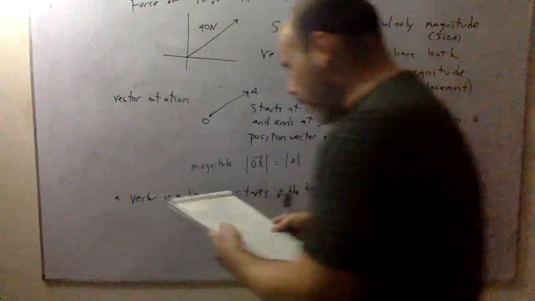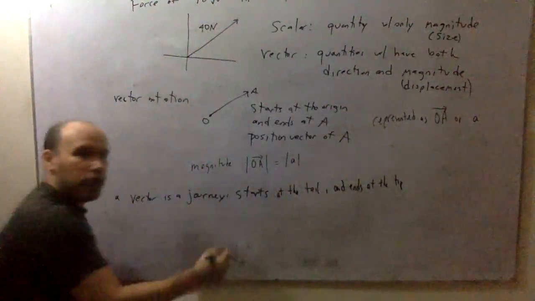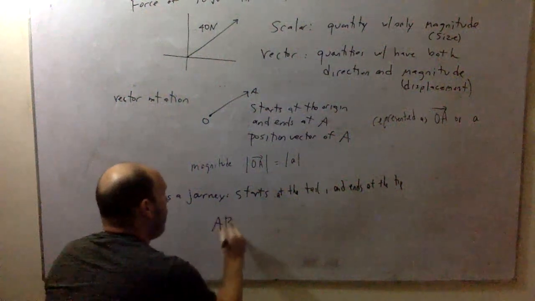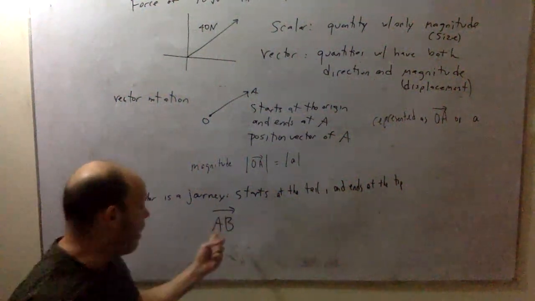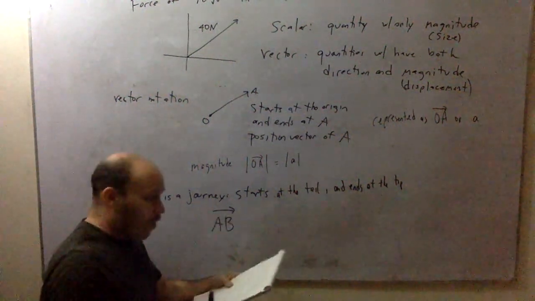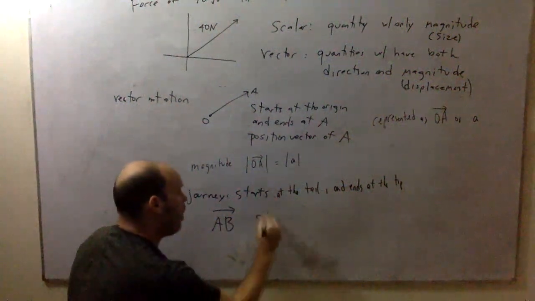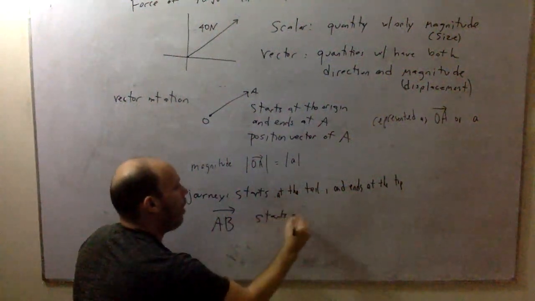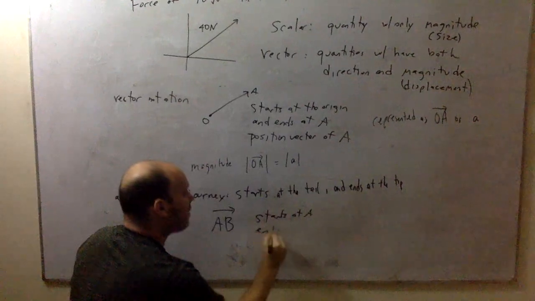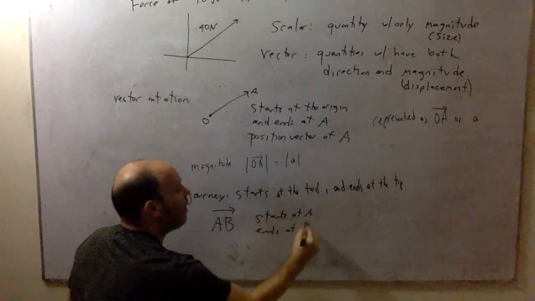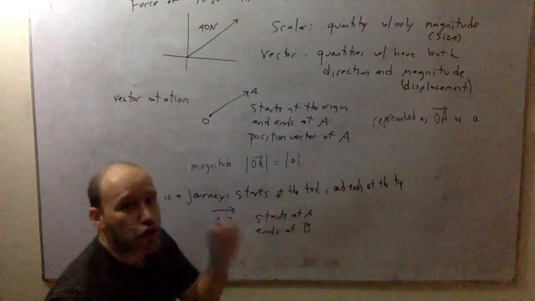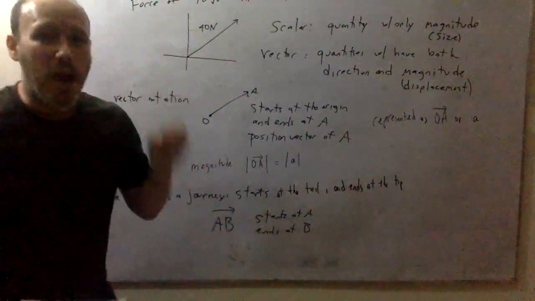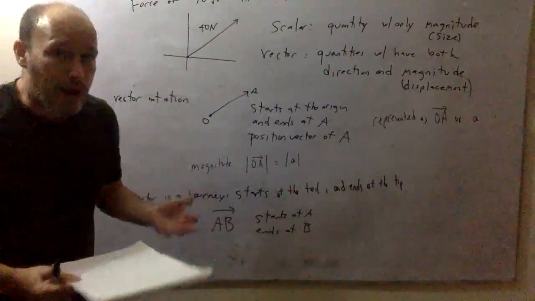So for example, if you see vector AB, we know that it starts at A and ends at B. That's the idea. It's all about the journey.